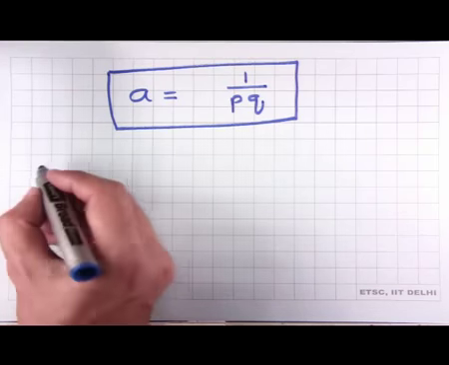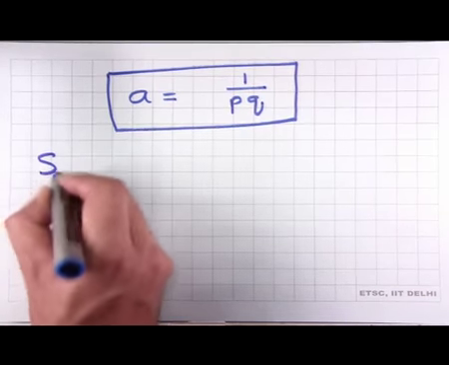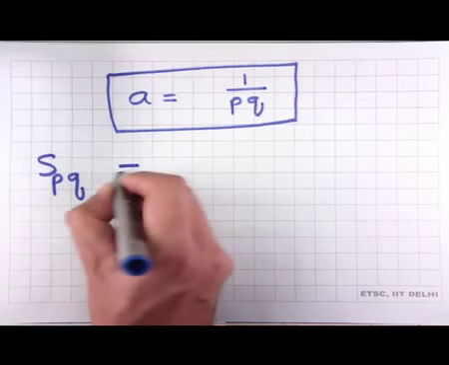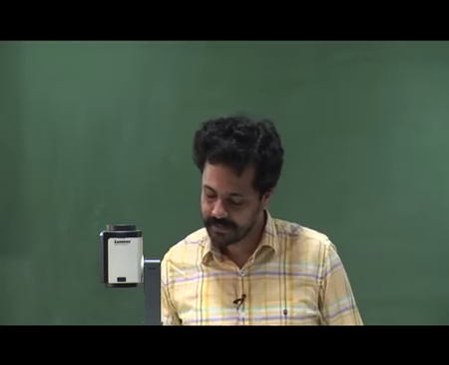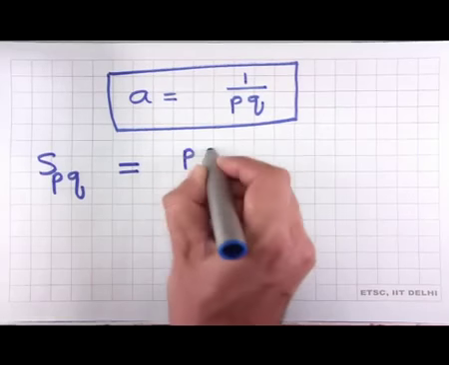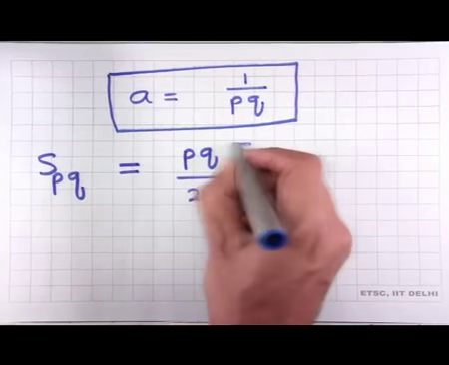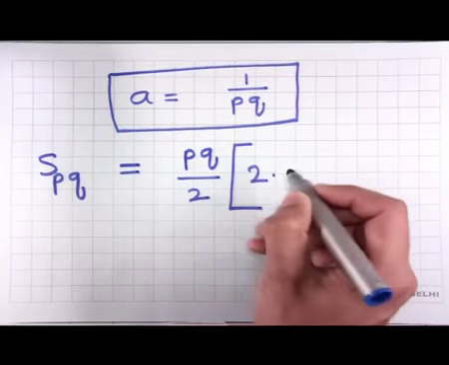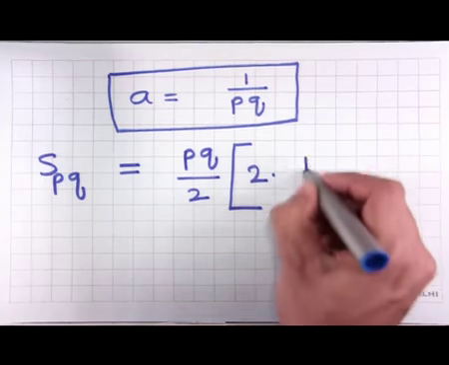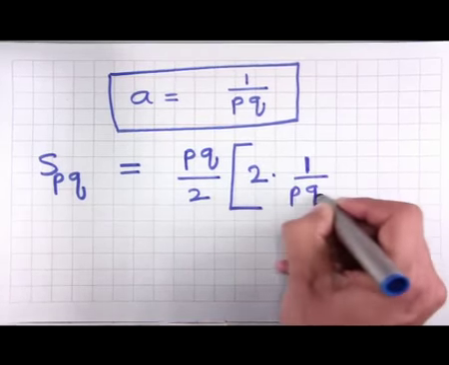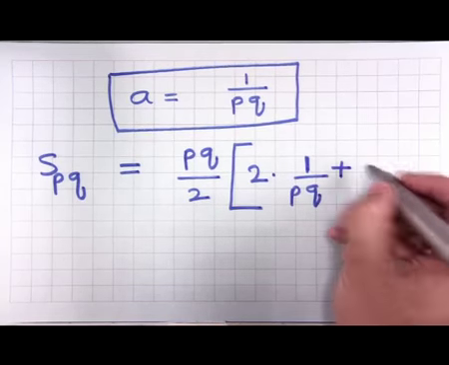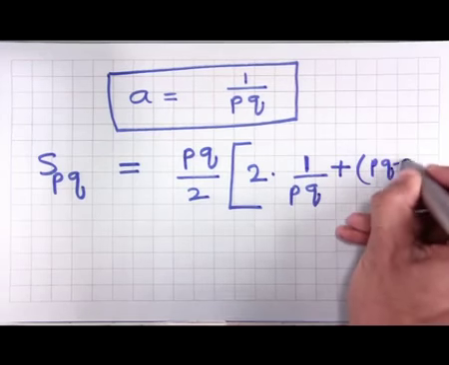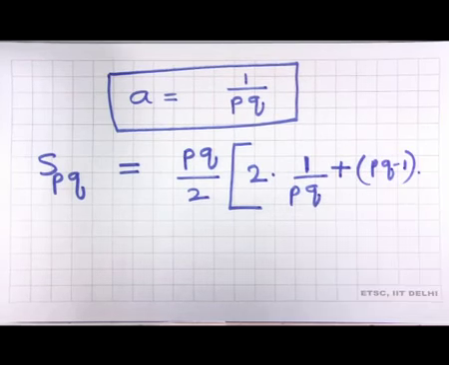Using these two informations, SPQ, the sum of first PQ terms, is given by PQ by 2 into 2 times A, the first term, which is 1 by PQ, plus PQ minus 1 times D, which is again 1 by PQ.